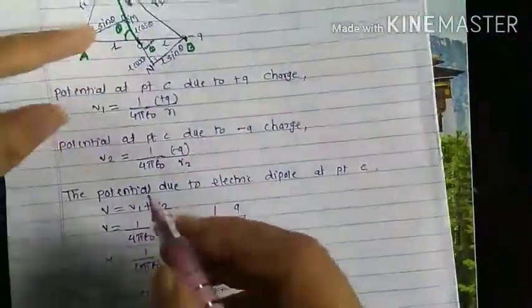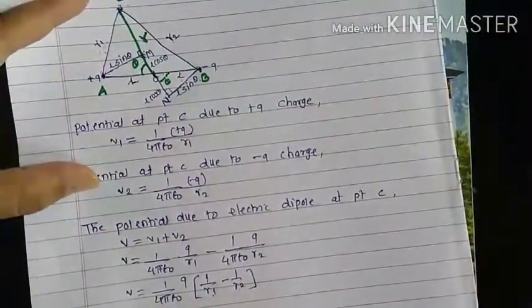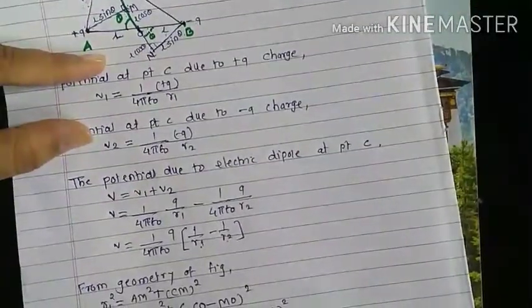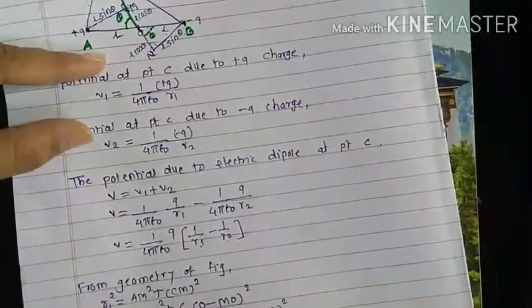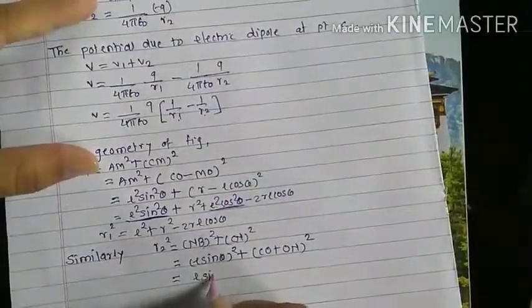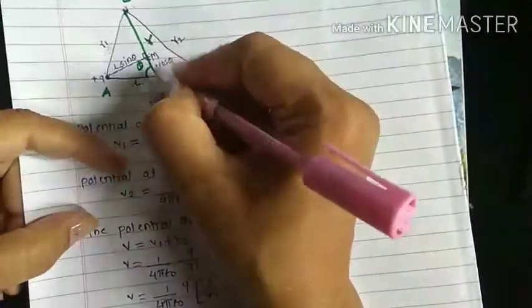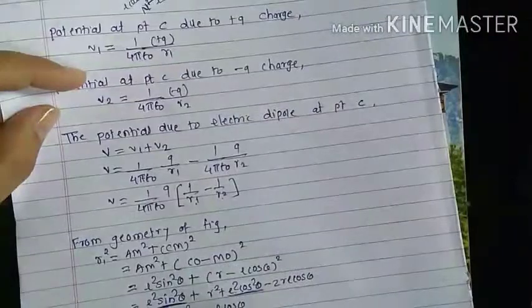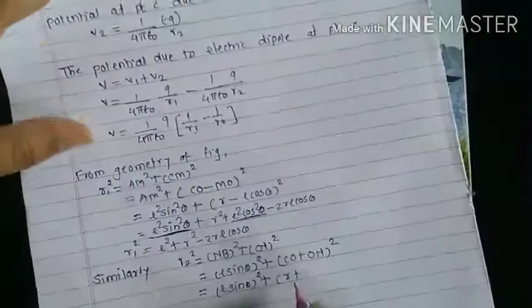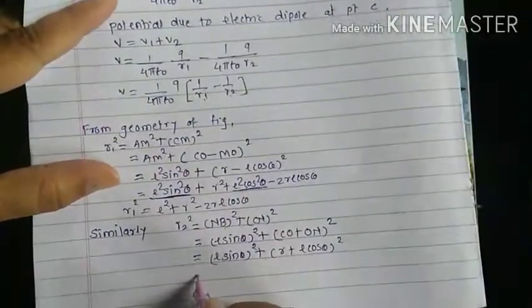Value of NB is known. Value of NB is equal to L sin theta, bracket square, plus CN square, which can be written as (CO plus ON) square. This is equal to (L sin theta) square plus CO distance, CO distance is nothing but R, and ON distance is L cos theta, and bracket square.